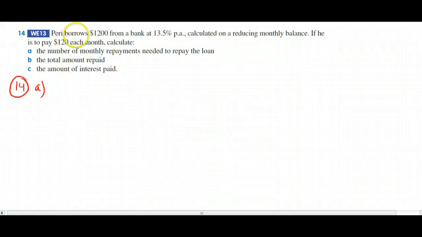Okay, in question 14, Perry borrows $1,200 from a bank at 13.5% per annum. This is calculated on a reducing monthly basis. If he is to pay $120 each month in repaying the loan, calculate the number of monthly repayments that are needed to repay the loan. Okay, so this is one of our personal loan problems for which we need to use the finance calculator.